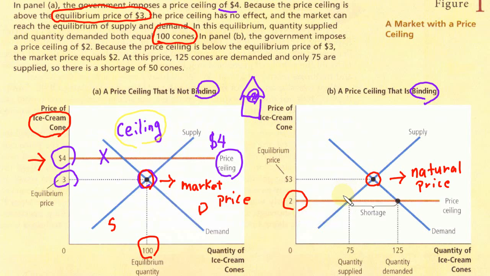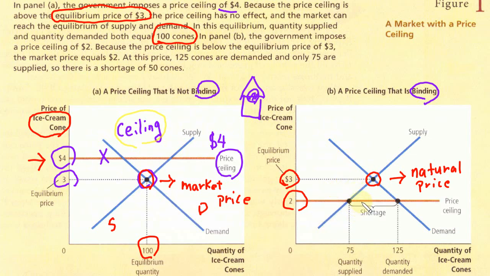Then the market price in this time is higher than the selling price. Even though the market price is $3, the supplier cannot charge this because the government commands not to exceed $2 as a selling price.